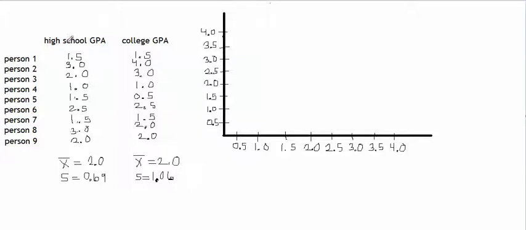If our goal is to use high school GPA to predict college GPA, what you're using to make the predictions goes down here on the x-axis, and what's being predicted goes on the y-axis.